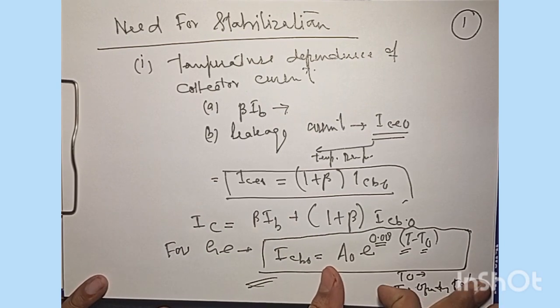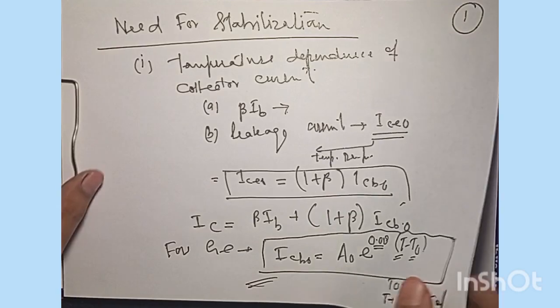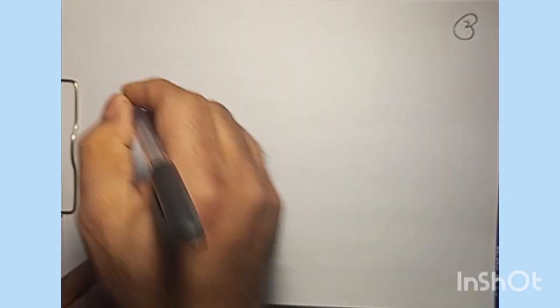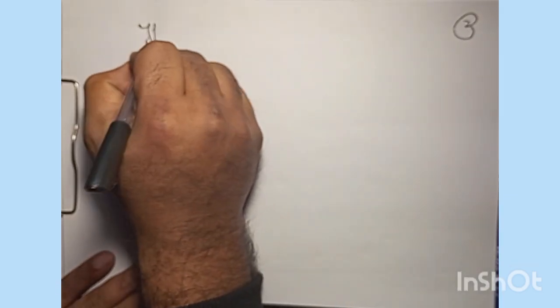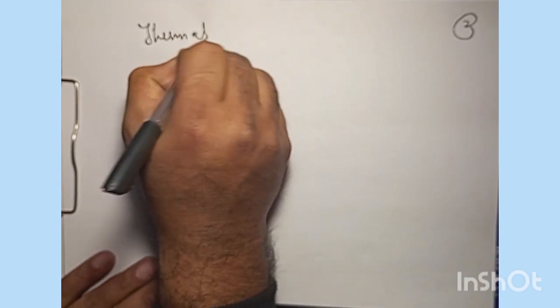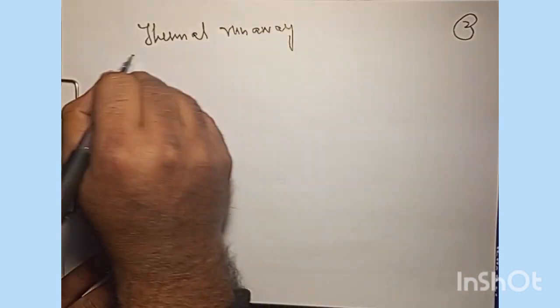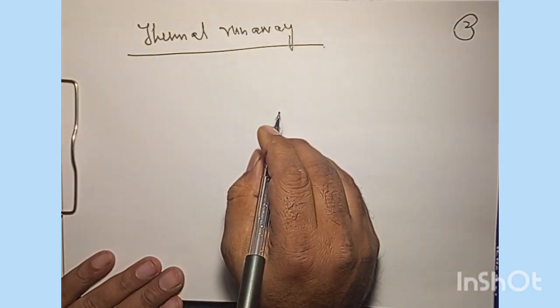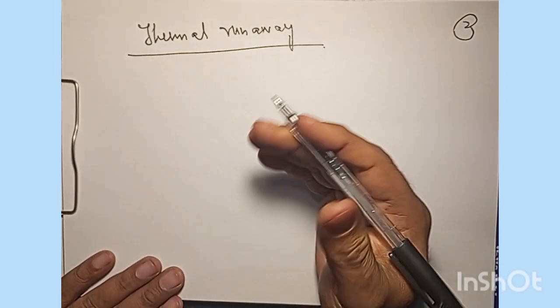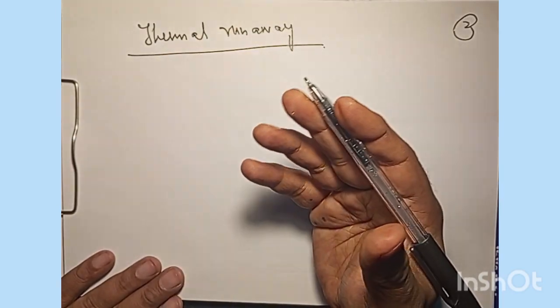The next important parameter to be considered here is what's called thermal runaway. Now, we have the collector current and the flow of collector current.